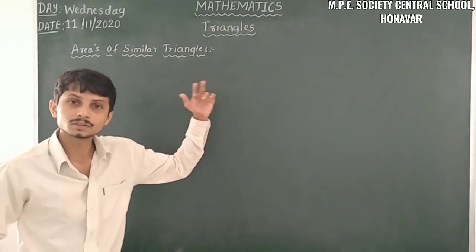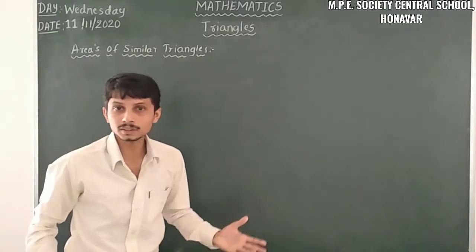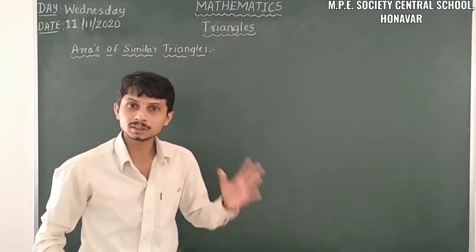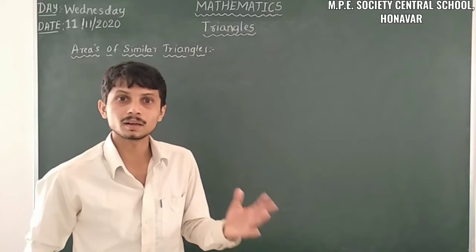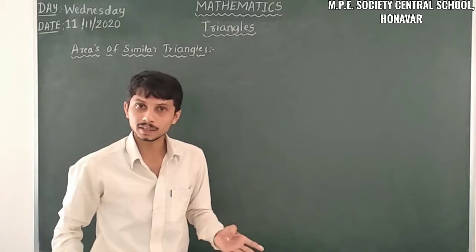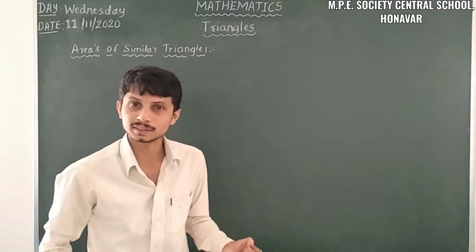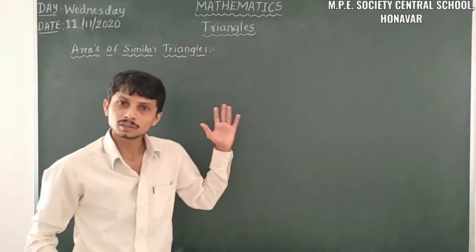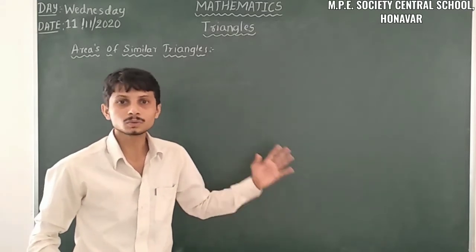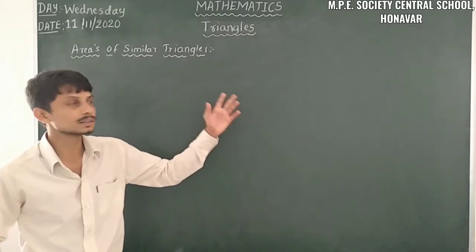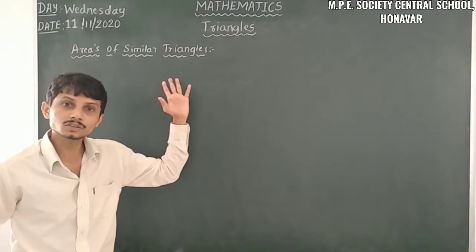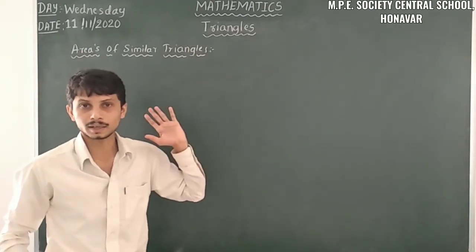So that means whatever the two triangles we have, those two triangles must be similar. They must exhibit one of the similarity criteria, where it may be AAA criterion, AA criterion, SSS criterion, SAS criterion, whatever the criterion we studied. So that holds good for these two triangles. So those are similar triangles. Here we have to know about areas of similar triangles.